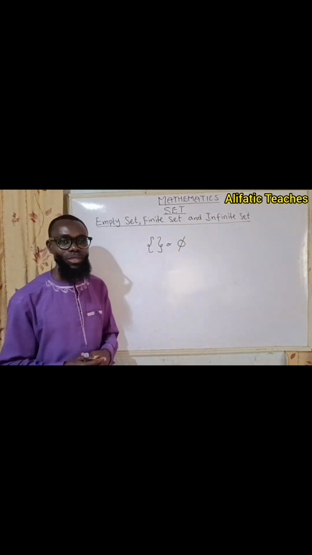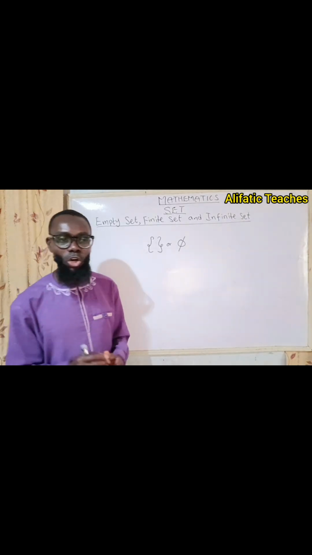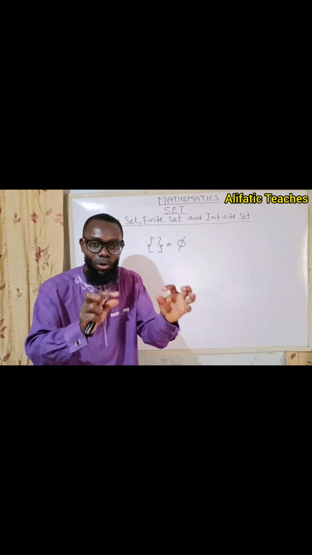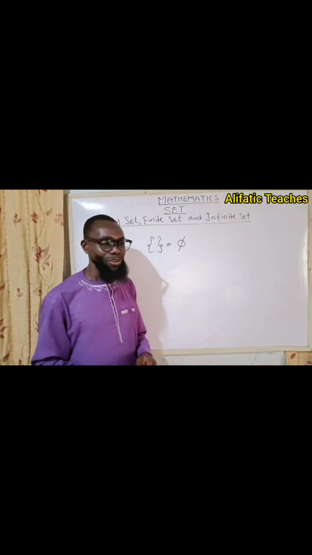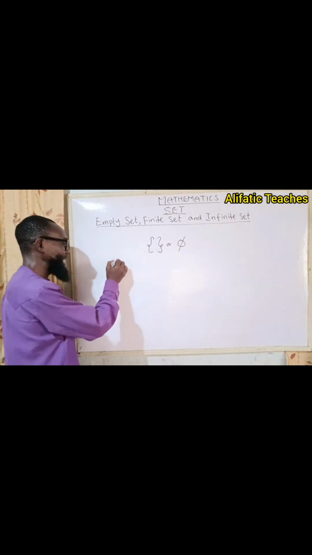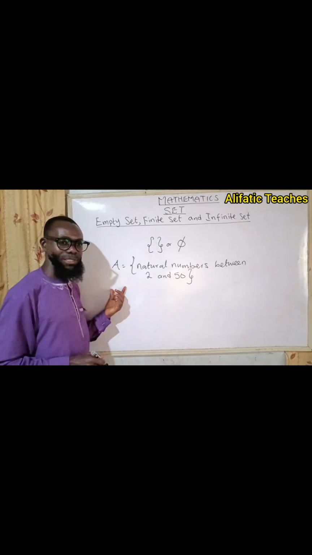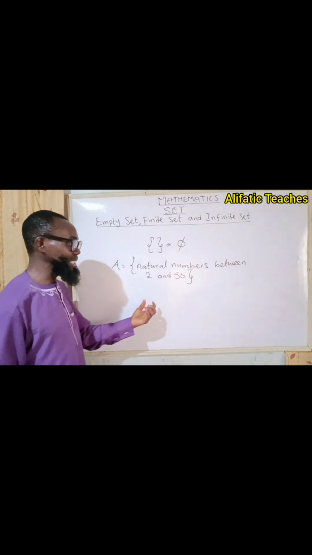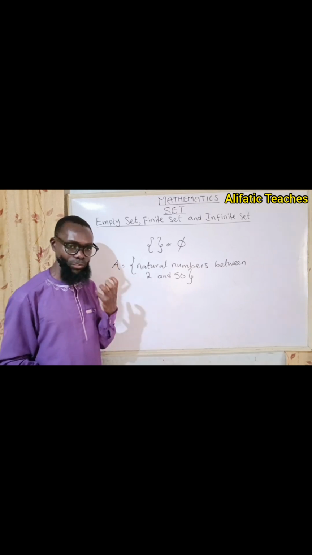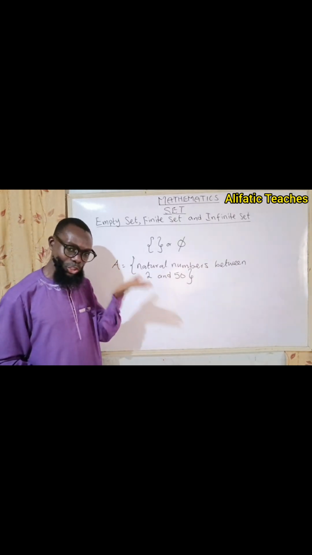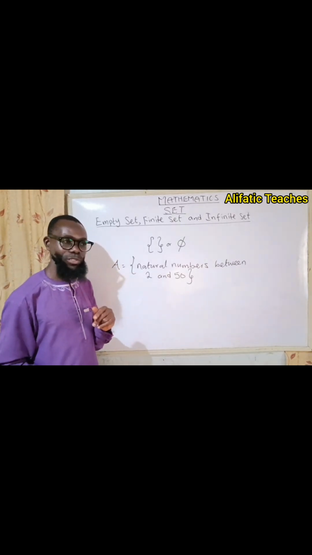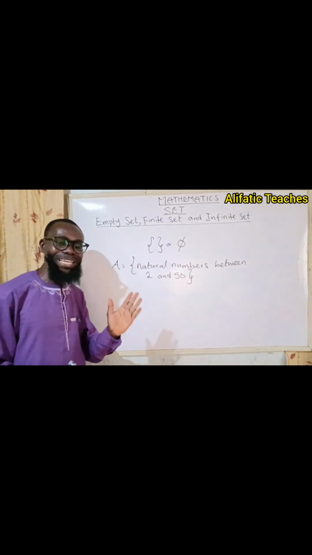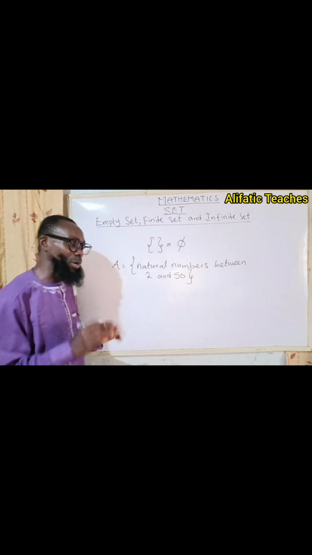But sometimes we can use some dots to represent the filling of the gap of those elements. For instance, let's say we have a set A. A equals natural numbers between 2 and 50. Meaning, we are not counting 2, we are not counting 50. Natural numbers start from 1, but here it has been restricted to between 2 and 50.